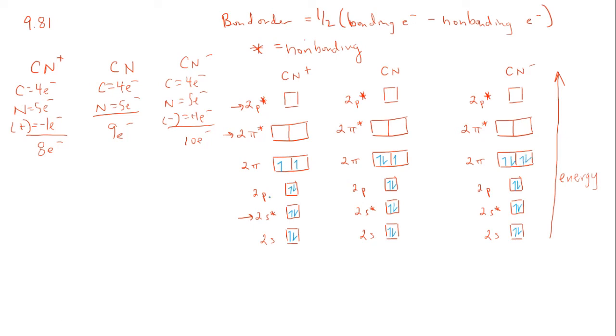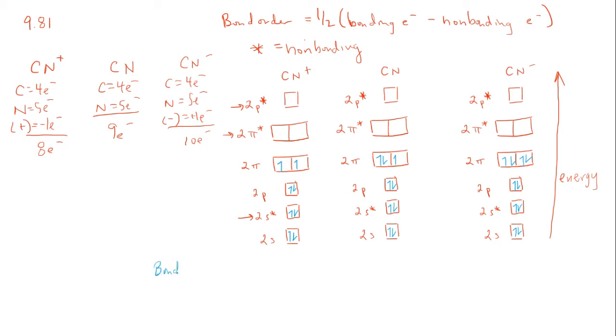Now to determine the bond order, all we need to do is take 1/2 the bonding electrons minus the non-bonding. Any electrons that are in a starred orbital, like this 2s star orbital, are non-bonding electrons. So all we have to do is find the difference between our bonding electrons and our non-bonding electrons.